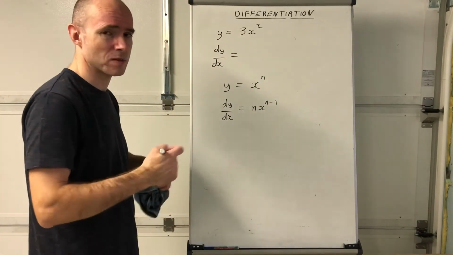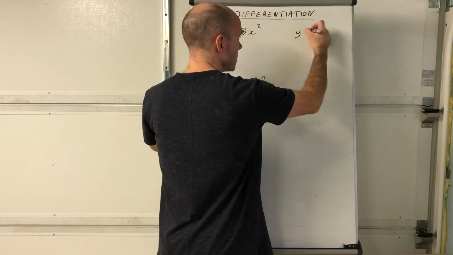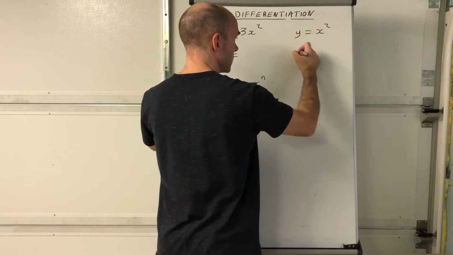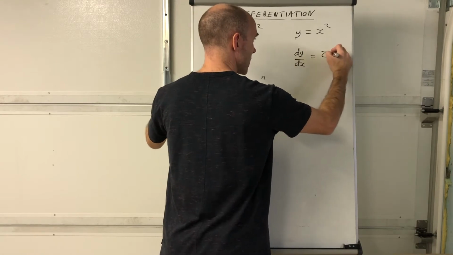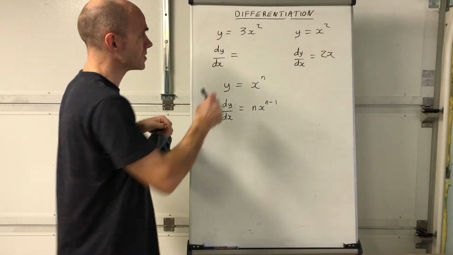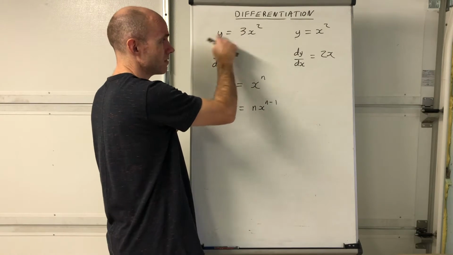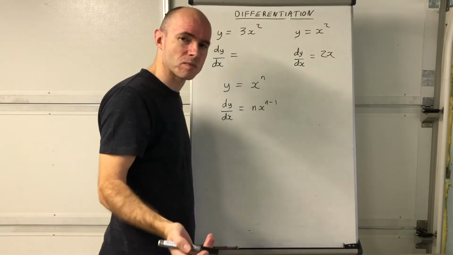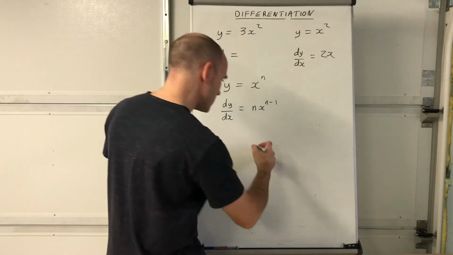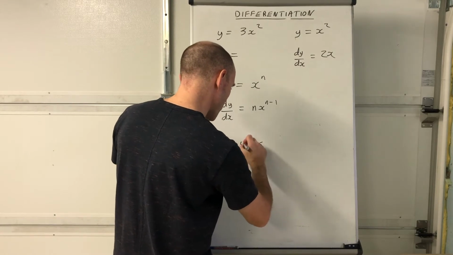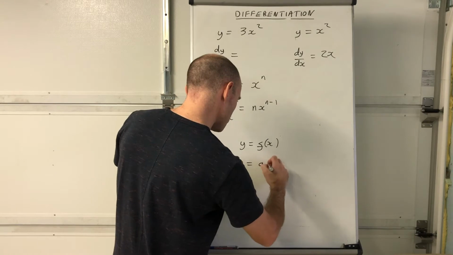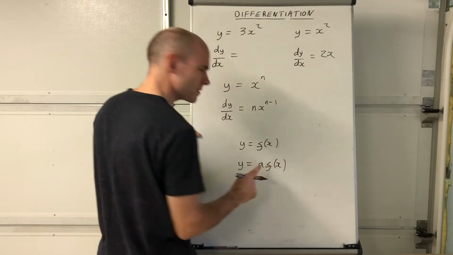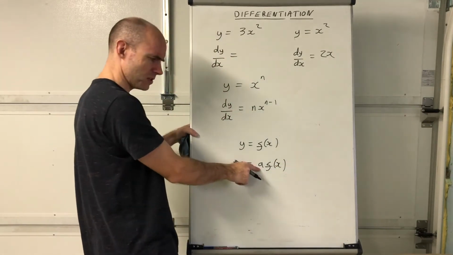Well, what's it going to be? Consider what it was for y = x squared. For y = x squared, dy/dx was 2x. And consider what the 3 is doing to the entire function. You've done your transformations of graphs already, I hope. When you've got a graph of y = f(x), how does the same graph, but with a multiplying factor of a in front of it, change the graph?